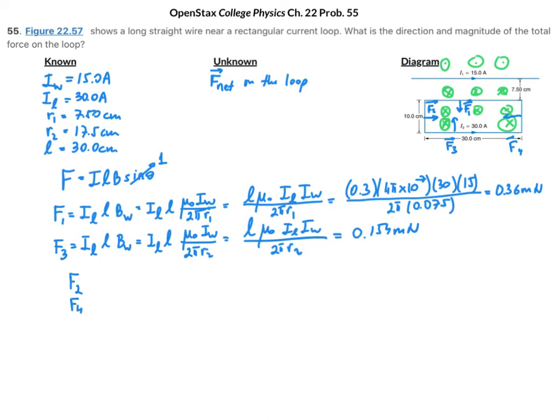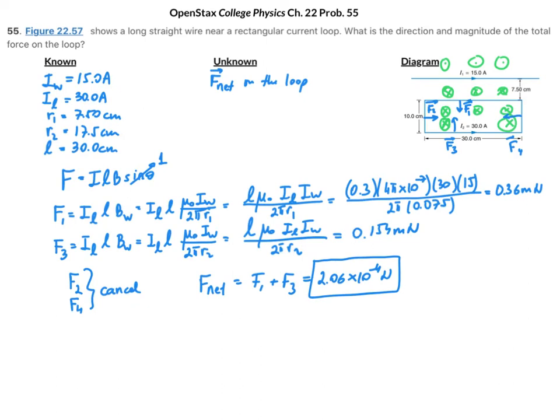So we'll say F2 and F4 cancel. They're the same in magnitude at every little location, and they're opposite in direction. So then the net force will be F1 plus F3 plus F2 minus F4, I guess. F2 and F4 are equal and opposite. And we end up with 2.06 times 10 to the negative 4 newtons.